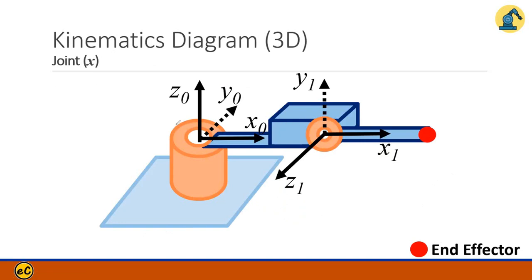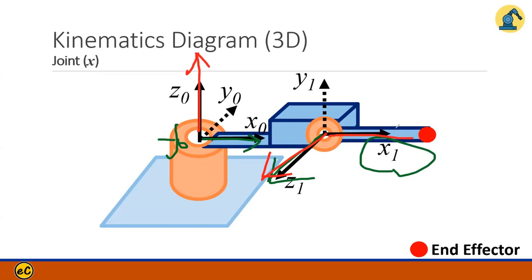Assume your frame 0 is over here, with its axes, and you're trying to determine x1. Your z1 is in this direction, and x1 needs to be perpendicular to its own z and perpendicular to the z in the previous frame.